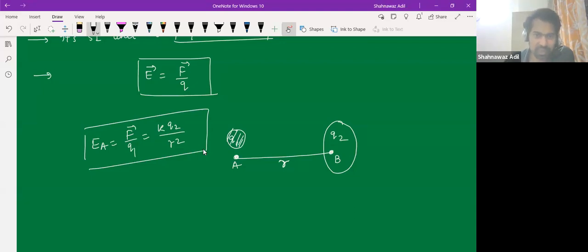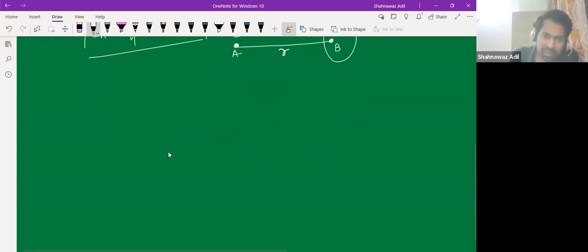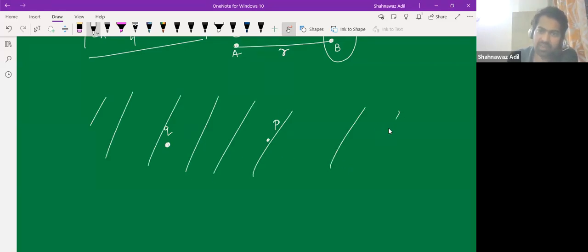Yes, sir. So then we can define the electric field as, let's say, we have this charge Q, and we are calculating the electric field at this point, right? This is the point P at which we are calculating the electric field. So in the area around, in every region, we can feel the electric field, right?